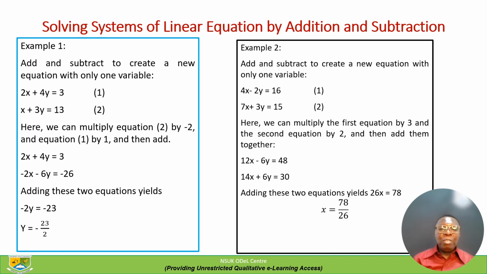So we have 12x - 6y = 48, and we are also adding 14x + 6y = 30. Adding these two equations yields 26x = 78. That is, x = 78/26. If you check the two answers, the first gives y = 23/2, while the second gives x = 78/26.